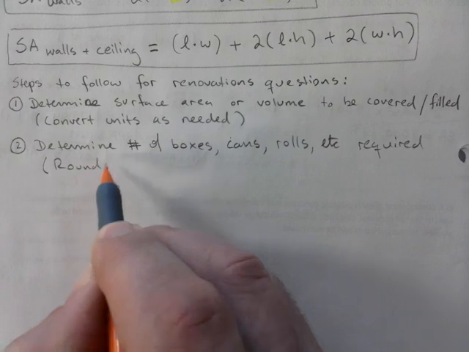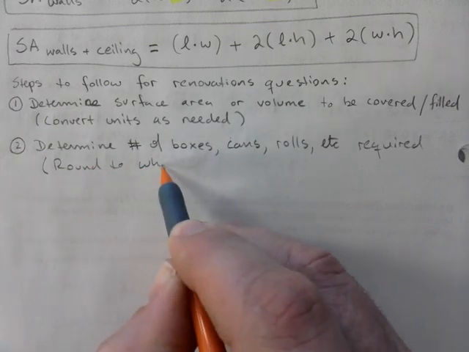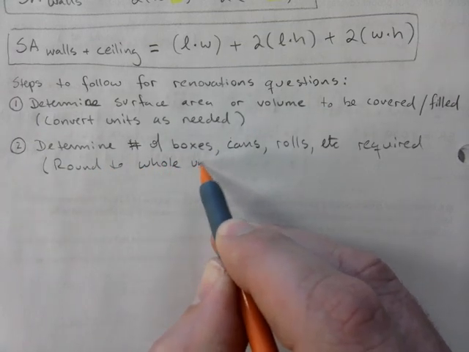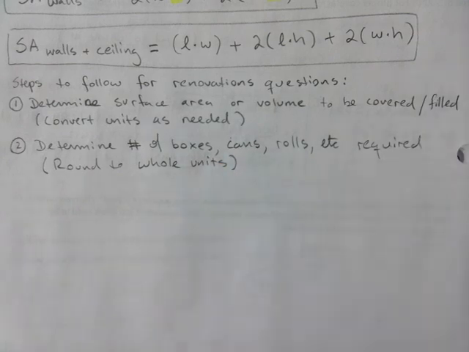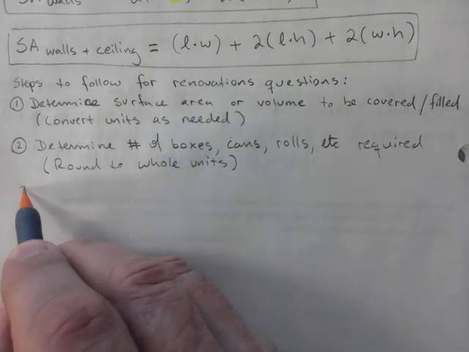Round to whole units, right? The idea is that you cannot go to a store and just rip open a box and take some tiles out of it. You need to buy the whole box. So when you determine it ends up being 6.7 boxes that you're needing, obviously you're going to buy 7 boxes, right? So always round to the nearest whole number and don't jump to the cost just yet.